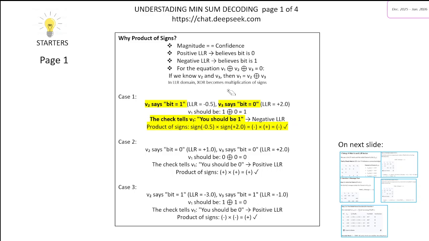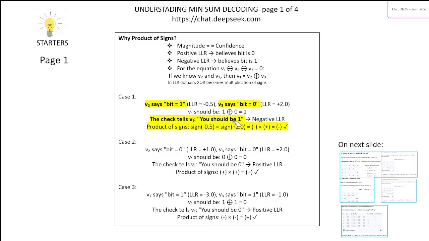Now, how will this message passing work? How will these two bits tell V1 that it should be 1? Look at the signs. If we multiply the signs of these two bits, they give a negative sign, and negative is the indicator of 1. So multiplying the signs tells the bit what bit it should be. So what should V1 be? It should be a 1, and it is minus 1 in BPSK modulation.